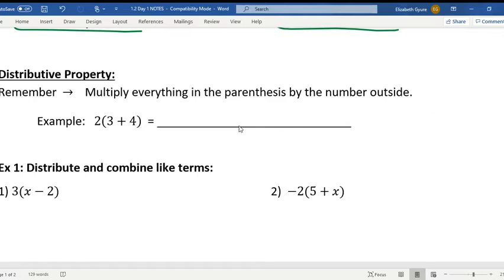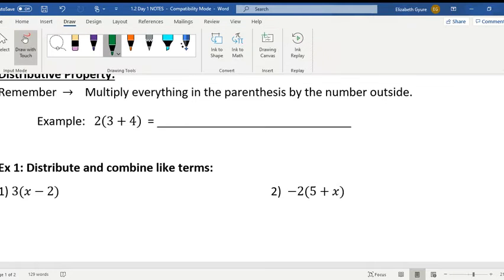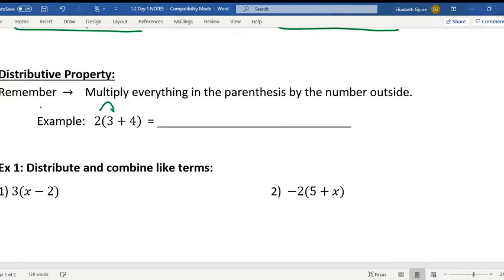So if you have something like 2 times (3 plus 4), what you do is you multiply that 2 by everybody inside. And there's more than one correct order to do this in. But here, what's 2 times 3? 6. What's 2 times 4? 12. And then what's 6 plus 12? 18. Yeah, good, Asia. Not 81.